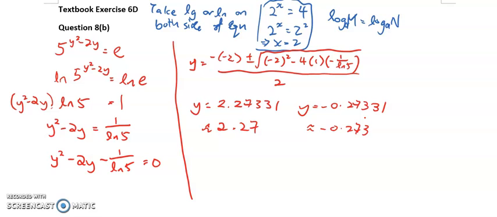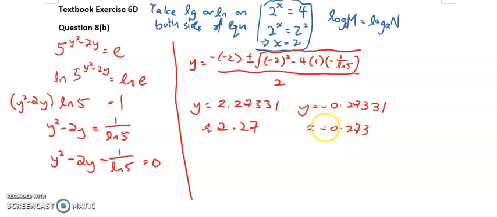At this stage we need to check our answers by replacing these values back into the original equation. You can do it by calculator, just press it out for both values, and see if you get equal or close to e. Or another way is by using concept, because for these two answers, one of them is a positive value, one of them is a negative value.